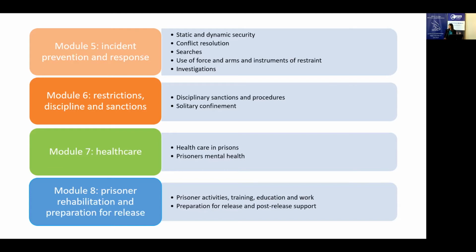The sixth module covers the use of restrictions, disciplinary sanctions, and punishments in prison, with a focus on how they can be applied in a fair, consistent, and transparent manner in accordance with human rights standards. The module explores how overly punitive measures can be detrimental to the overall safety of a facility, and it also looks in detail at the provisions in the Nelson Mandela Rules related to solitary confinement.